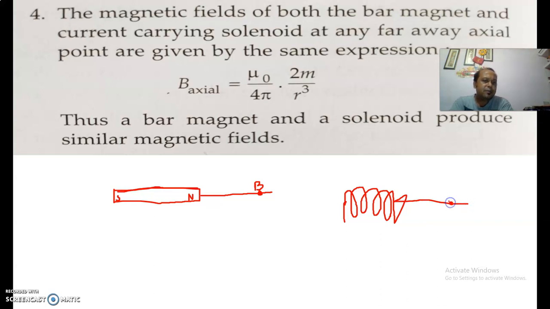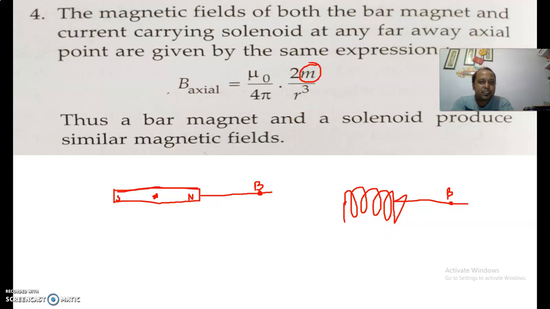If we want to find the magnetic field at this region, then the value of the magnetic field is exactly the same, which is mu naught by 4 pi times 2M by r cube, where r is the distance of the point from the center of the bar magnet or from the center of the solenoid. This M, don't get confused with the pole strength.